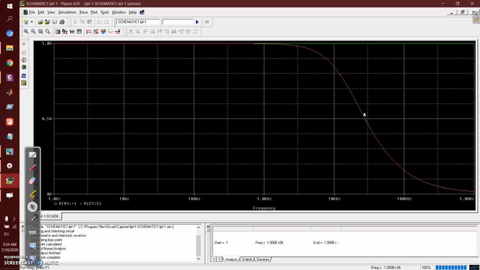Another thing you should notice is that at the cutoff frequency, my original value has somewhat decreased. The amplitude of my output signal is quite attenuated, and that is another problem.